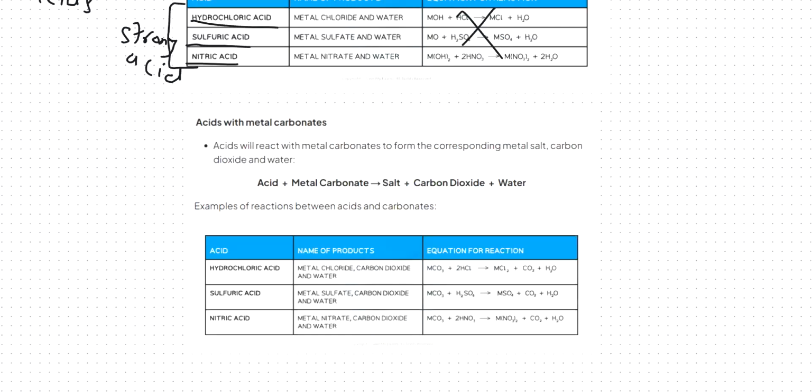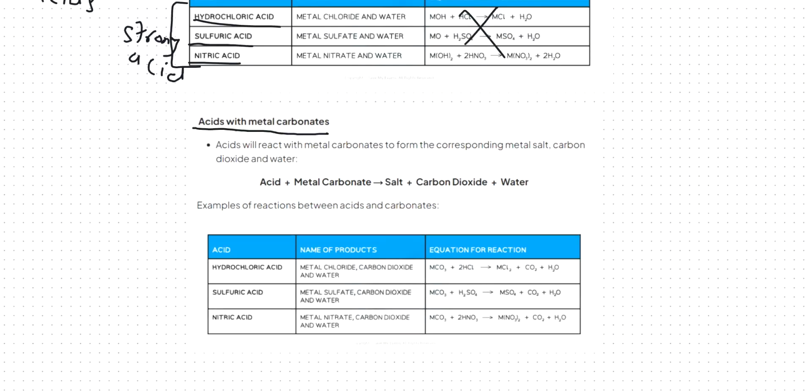What you do have to know is the reaction of acids with metal carbonates. So remember that an acid, for example HCl, will react with a metal carbonate. Metal carbonates can be anything, for example CaCO3, this is a metal carbonate.